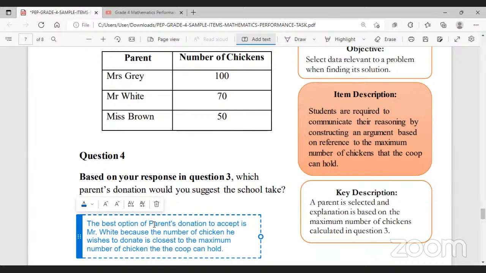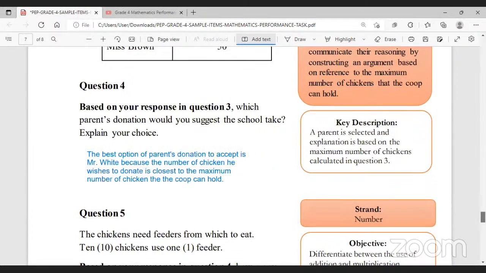And that would be our answer. And that clearly will suffice.